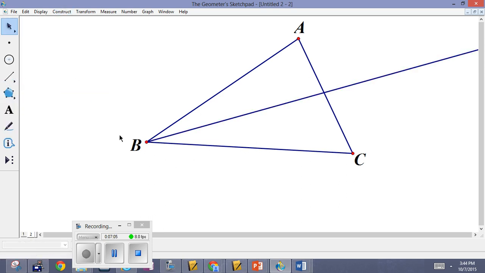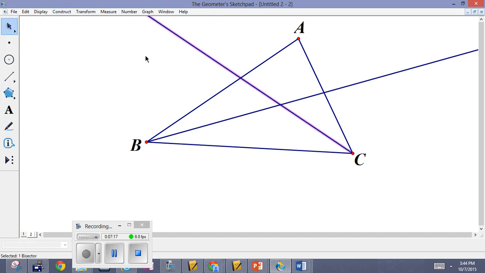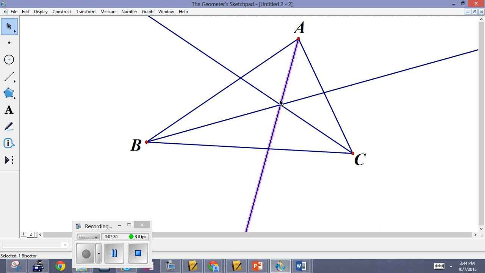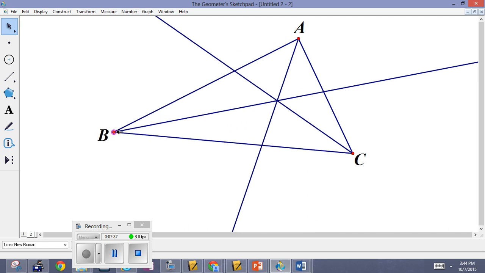Okay. Going to select angle C by selecting points B, C, and A. Okay. And I'm going to construct the angle bisector there. And actually, the two of them is sufficient, but we will just show that angle A. How I select angle A: select B, A, C, construct angle bisector, and we will see that that point is where all the angle bisectors meet.